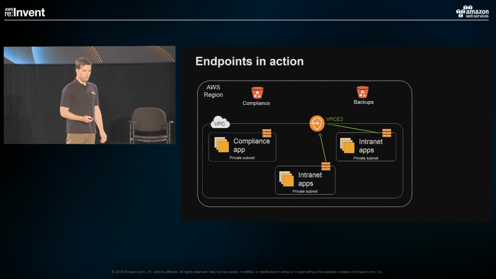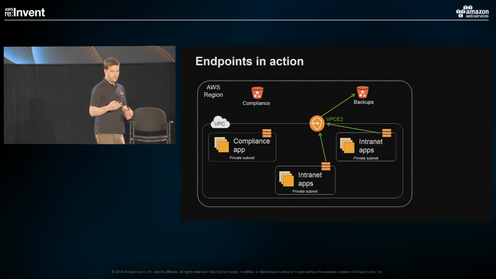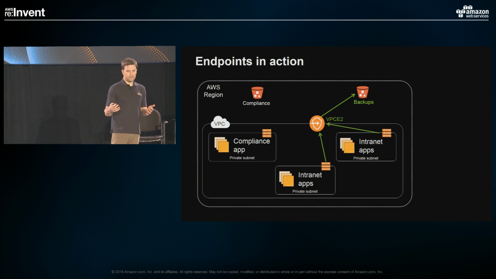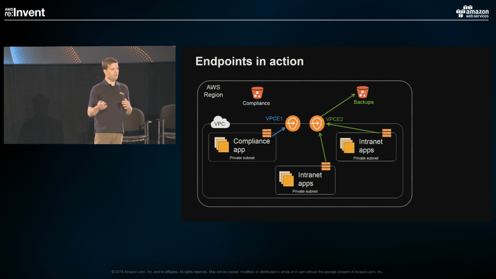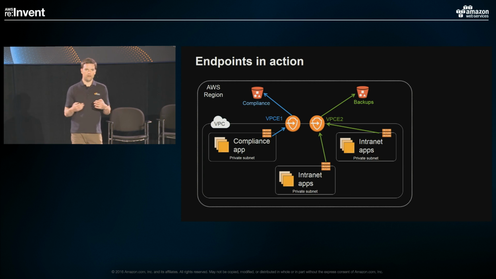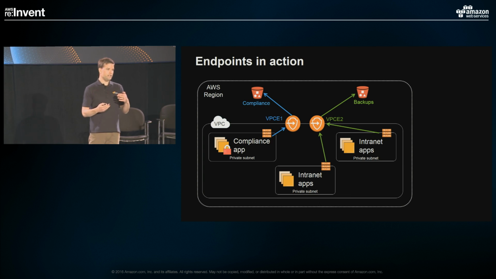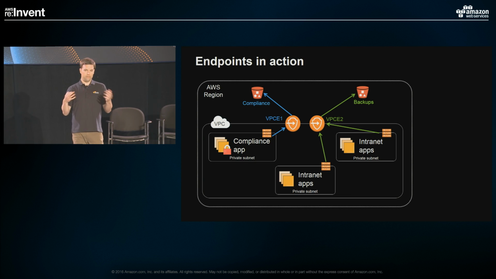So we'll just give a little endpoints in action here. We create a backups bucket for all these internet apps so that they can push those up to S3. But we have a compliance application which has more fine-grained requirements around what can go out, and so we create a separate endpoint for them. So you can create multiple endpoints and have different policies on these endpoints on a VPC.